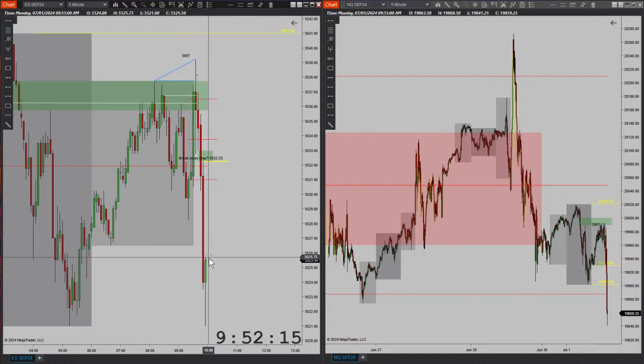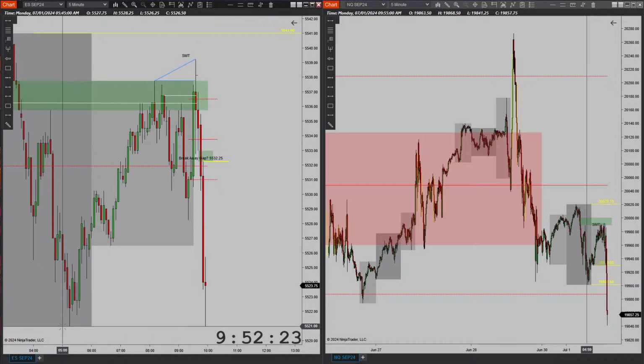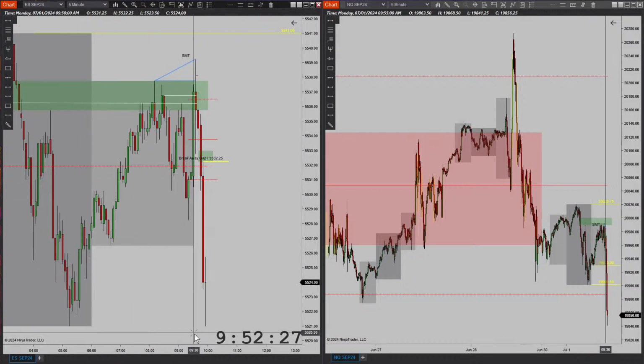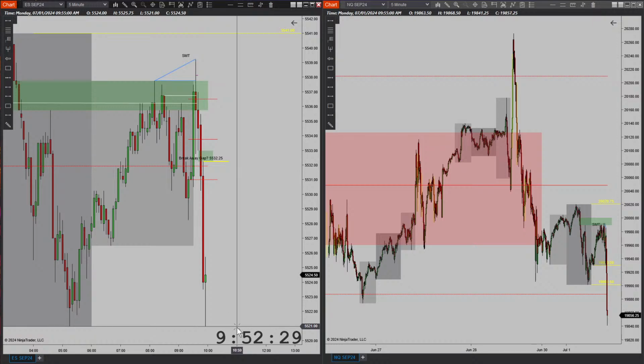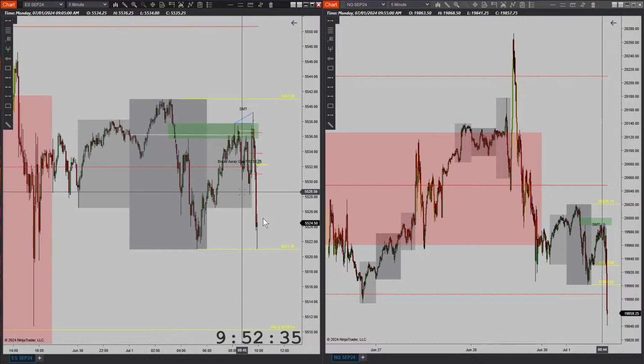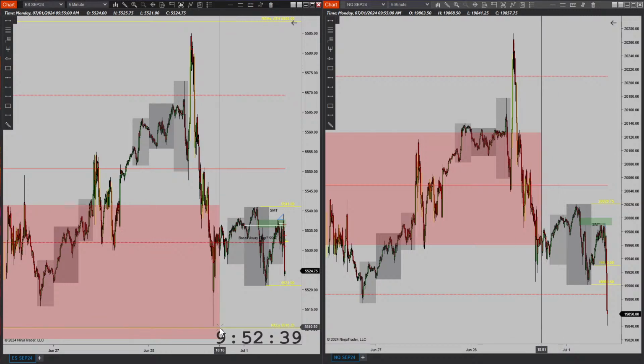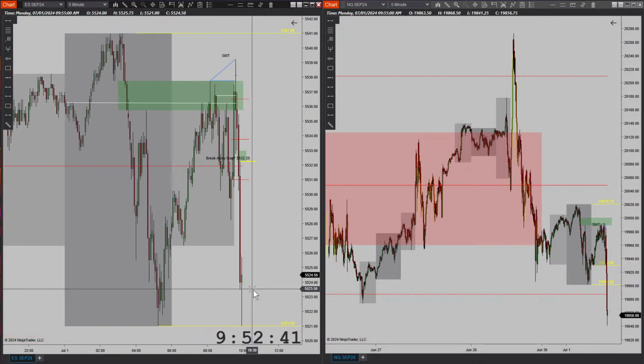How do I explain this? Oh wait, so yeah, price violated this. Price hasn't violated this dealing range yet. So notice here how we have equal lows. I do expect price to come back and purge these equal lows, and then to eventually come down to take these lows.